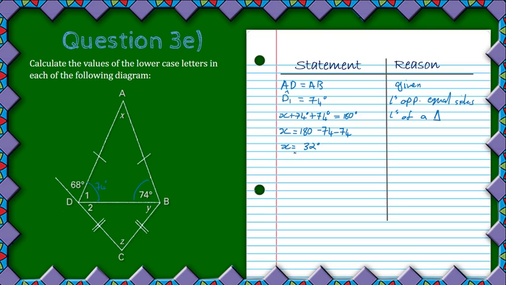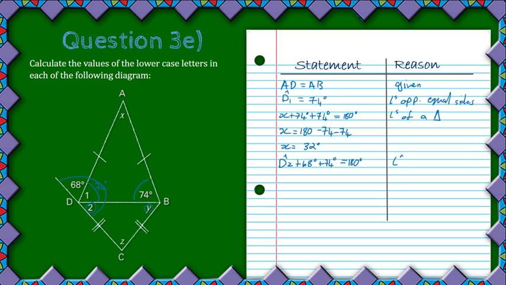Okay, now moving on to y. What do we see? We see that these two are equal, but we don't know that one yet, although we can find it quite easily because we've got these angles on a triangle. So once I've got this angle, I know what y would be. And to start off with, we can say that angle D2 plus 68 degrees plus 74 degrees is equal to 180 degrees.